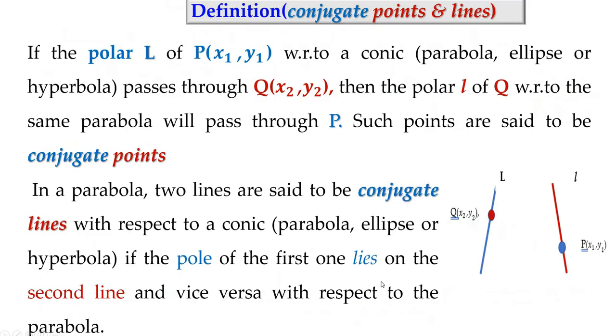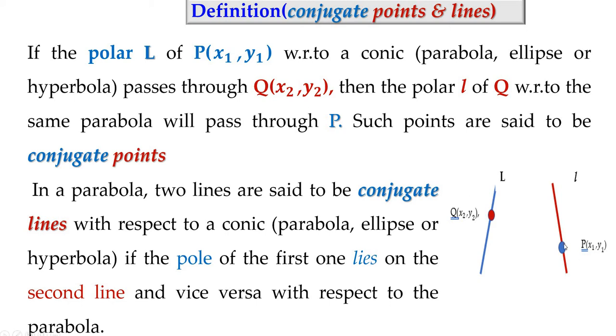So next we have this definition. If the polar L, that line of P of x1, y1 with respect to a conic, let it be parabola or ellipse or hyperbola, whatever may be the conic, if the polar L passes through Q, then the polar of Q with respect to the same conic will pass through P. That is the result that we established now.